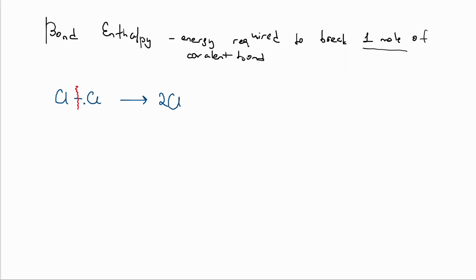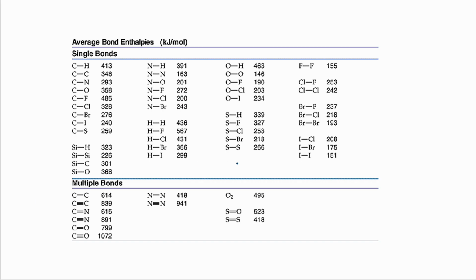Okay, so bond enthalpies, actually we have different bond enthalpies. Here, for example, we say it's average bond enthalpies. Why average? Because in each case, for example in methane, it will not be exactly 413.